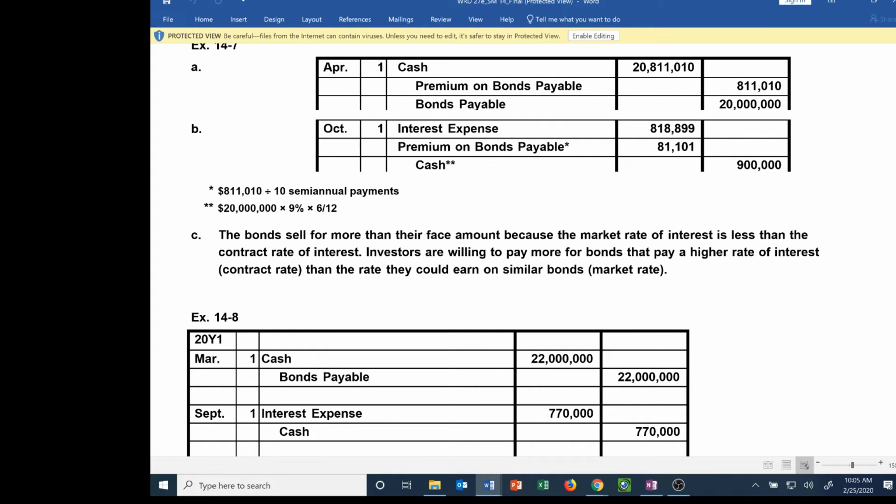Well, what is 102% of 22 million? 102% of 22 million. 22,440,000. All right, what do you credit for that? That's what you're paying for the bonds. Now look at this entry.